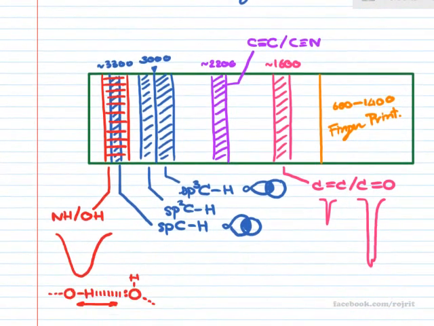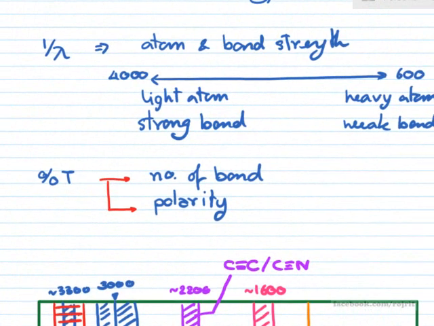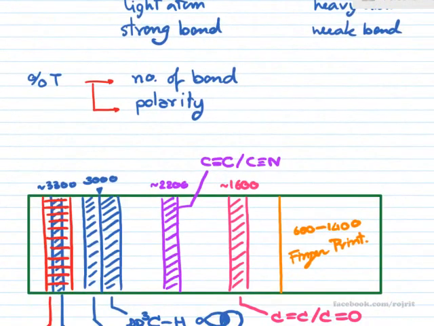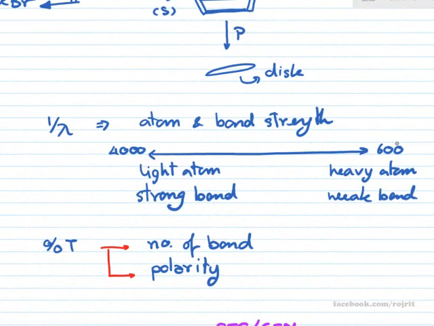So 600 is heavier atoms, weaker bonds, and 4,000 is lighter atoms, stronger bonds. The percent transmittance on the y-axis depends strongly on two factors. The first of all is the number of bonds.